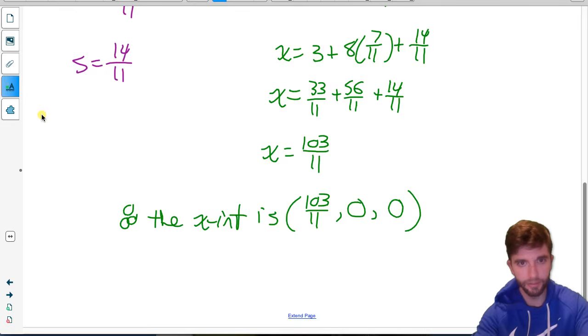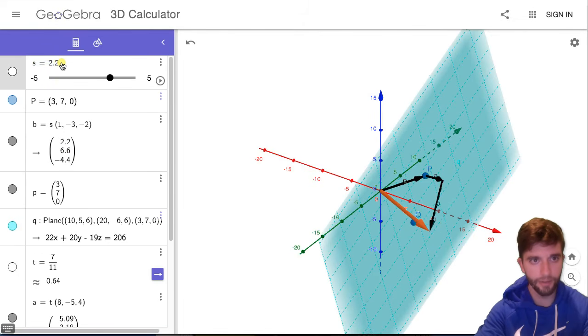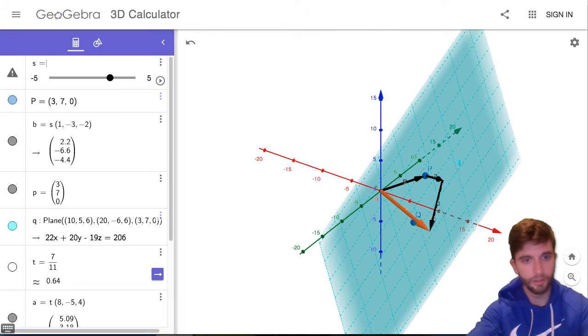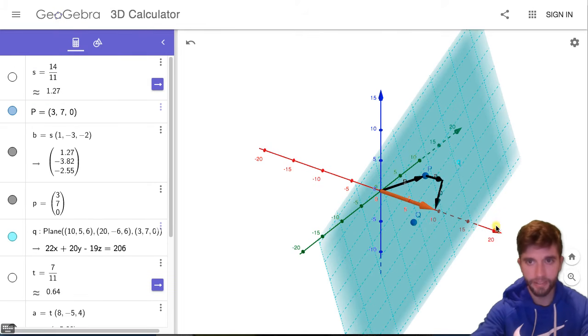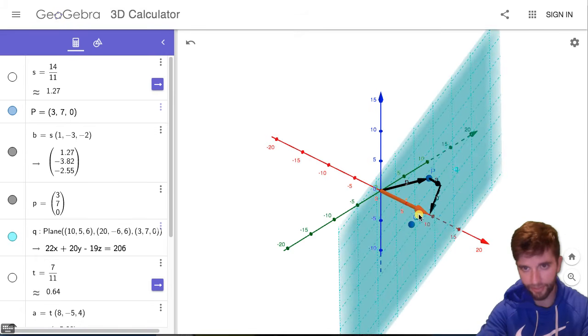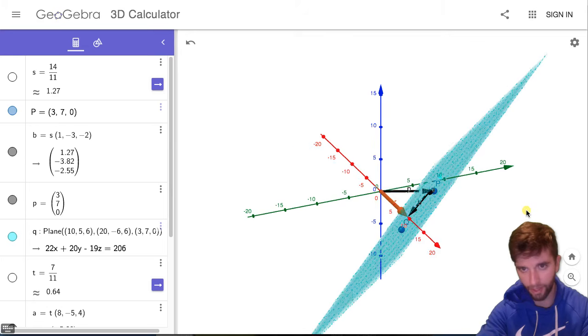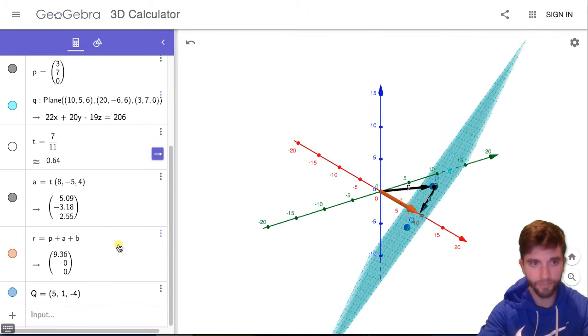So we figured out a t value of 7 over 11 and an s value of 14 over 11. Take me to the x-intercept, right? Yes, the resultant is now pointing to a point on the x-axis. And what are the coordinates of that point? Well, I have the resultant right here, 9.3600.